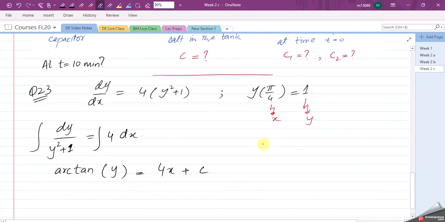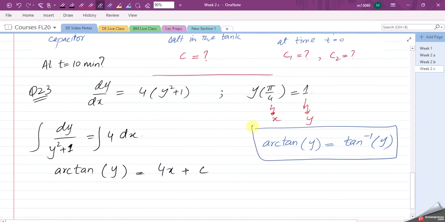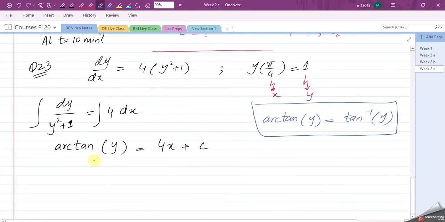Note that arc tan of y is the same as tan inverse of y. You might have used this notation in calculus, tan inverse of y. Arc tan is exactly the same as tan inverse. This book uses this notation, so I will use this notation.